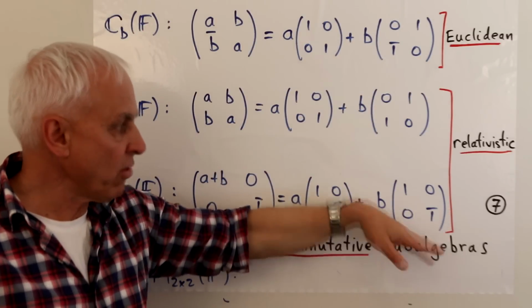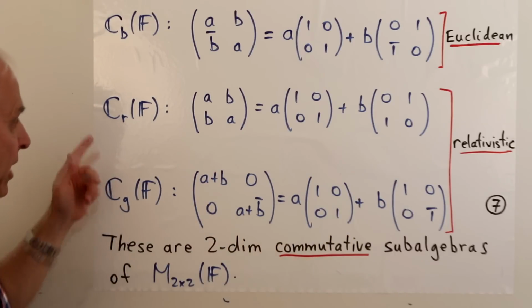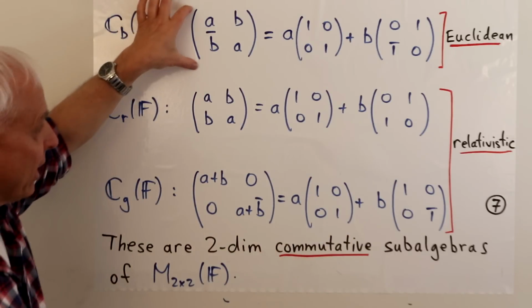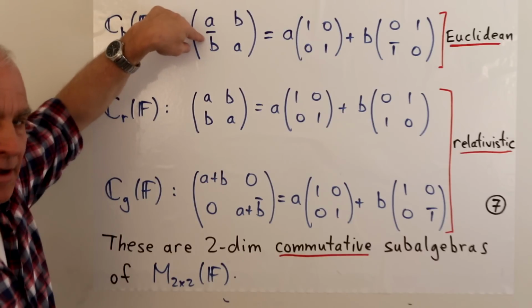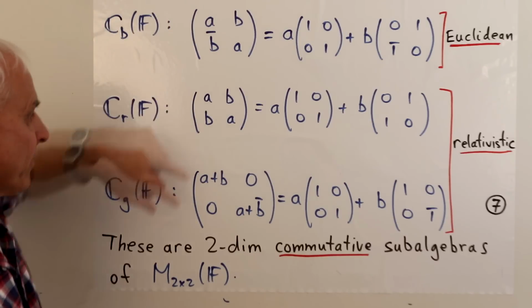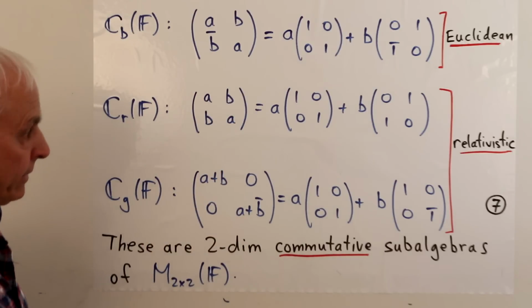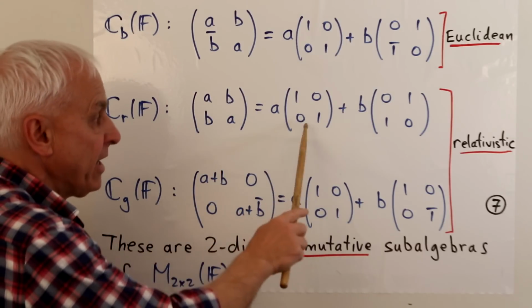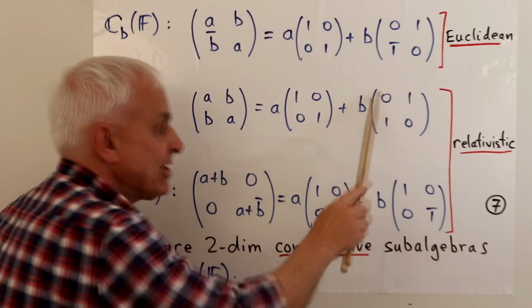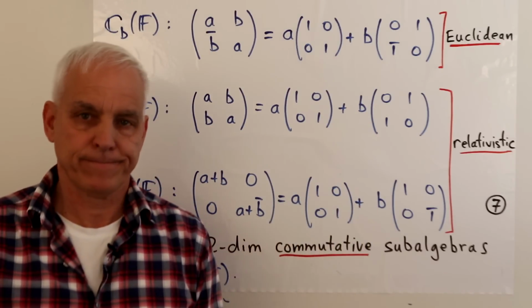And then there are these two relativistic ones, the red one and the green one. The red one is a lot like this one, except that there's no minus here, just a B. So we're looking at matrices of the form A, B, B, A, and that's A times the identity plus B times this 2 by 2 matrix.